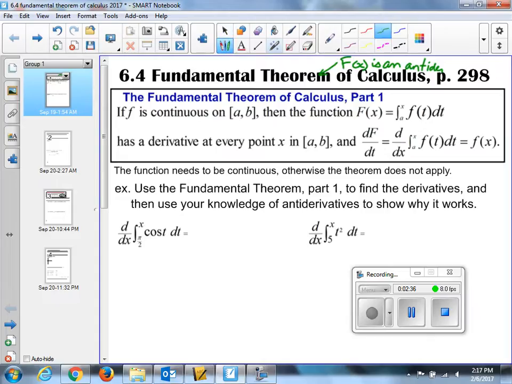Antiderivative of small f of x. That's what I'm talking about here. Okay? Now, because we said we know a thing or two about antiderivatives, it's thinking of the derivative backwards.